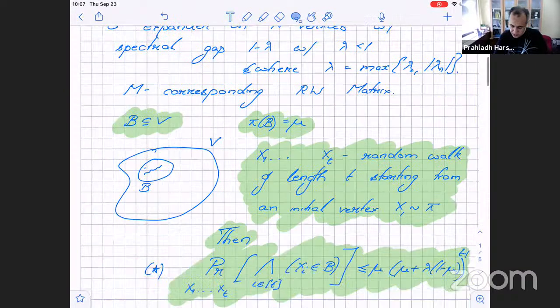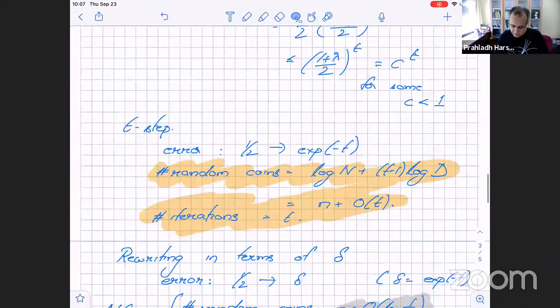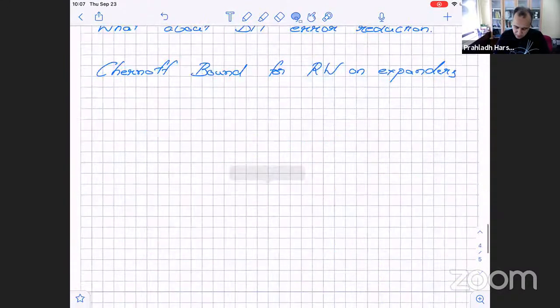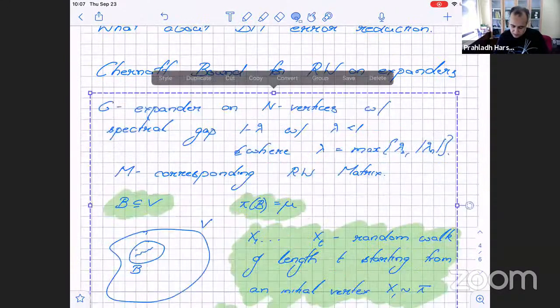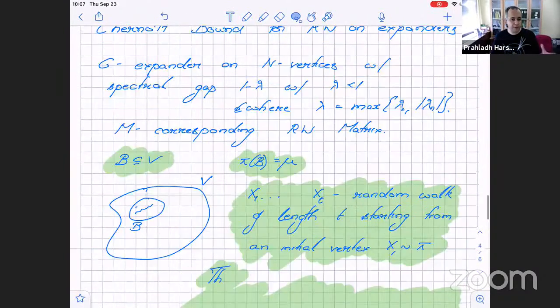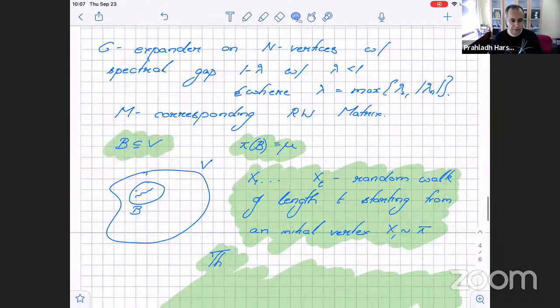The setup is going to be similar. We have an expander graph on V vertices. There's a bad set B, and we pick a t-step walk as before.